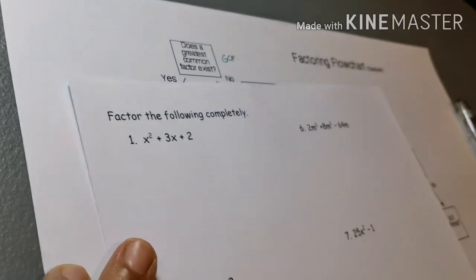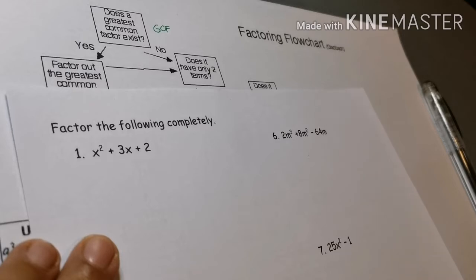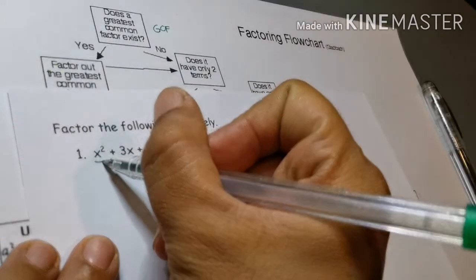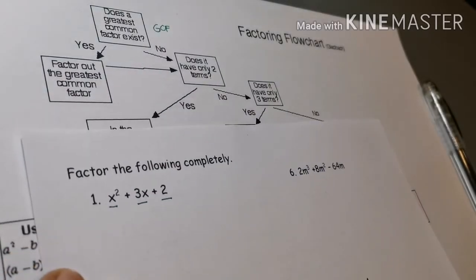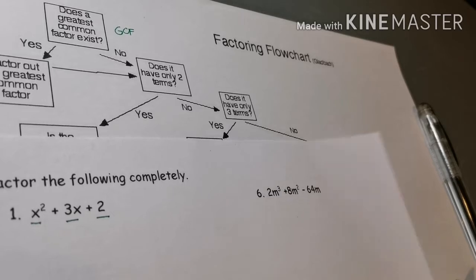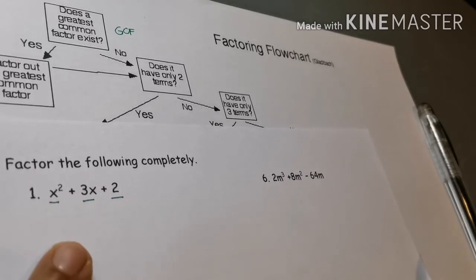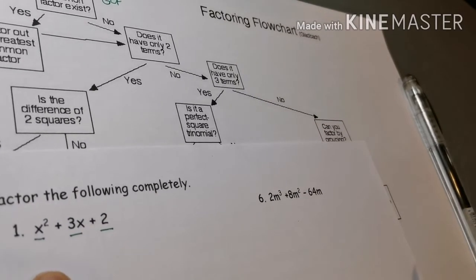The next question is, does it have only two terms? How many terms do we have? We have 1, 2, 3, so the answer is no. Does it have only three terms? Yes. Then the next question is, is it a perfect square trinomial?